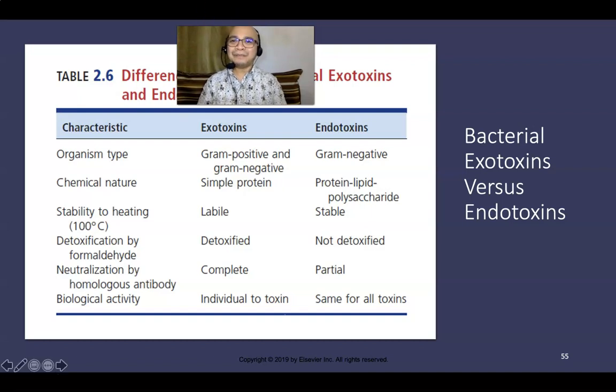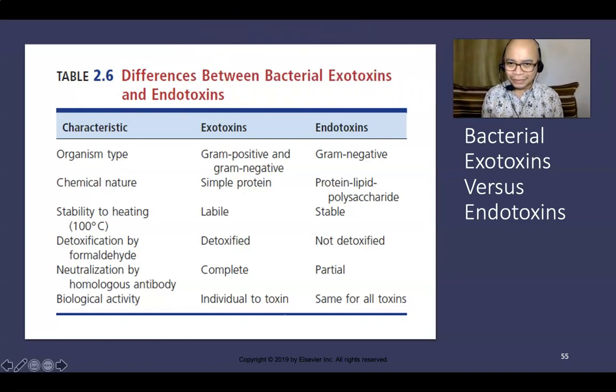Okay? So if you will be comparing the difference between exotoxin and endotoxin: endotoxin is exclusively found in gram-negative bacteria, whereas exotoxin can be found in both gram-positive, for example, Clostridium tetani, and even gram-negative bacteria, such as Vibrio cholerae. And then the chemical nature: exotoxin is a simple protein, whereas endotoxin is a complex of protein, lipid, and polysaccharide.